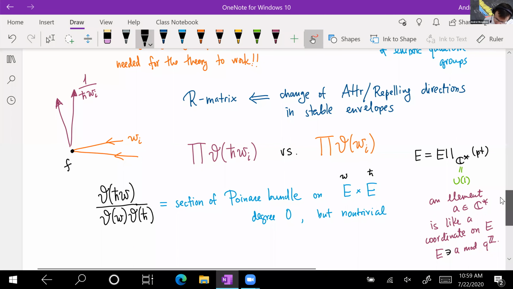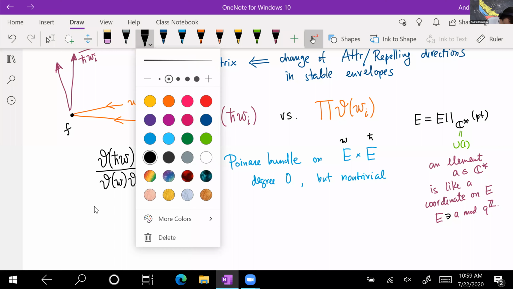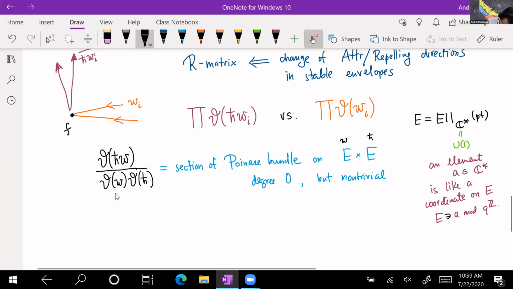And so what is in fact the difference? This is maybe very general. So this I can also write like this. What is that? This is a section of the theta bundle that corresponds to, remember that I have a linear representation of a torus, the corresponding section of the corresponding theta bundle.